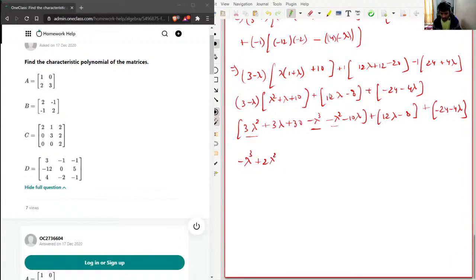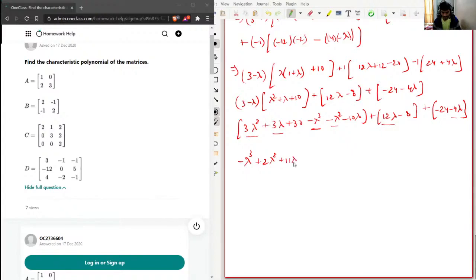I think we do not have any square terms here, this is only in first power, so we'll go for the lambda terms. So we have 3, then we have 12 and minus 4. So 3 and 12 will be 15 and minus 4 will be 11.